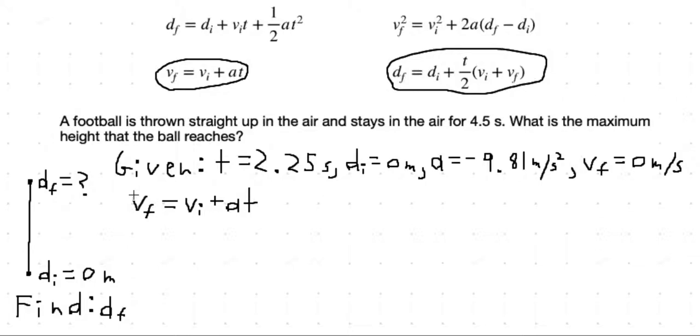Like I said, vf is going to be 0, so we'd cross that off. And we know a and t. So let's solve for what vi is. Now let's just plug in the values for a and t.